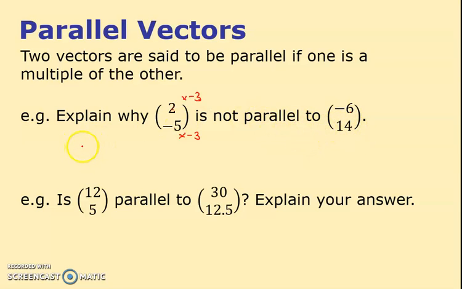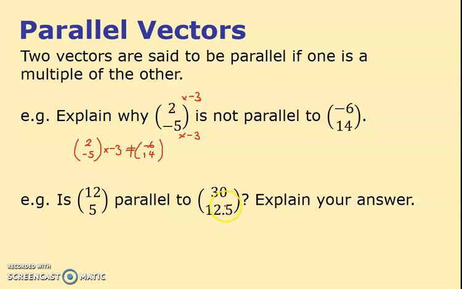Another way of saying it is that 2, minus 5 as a vector times by minus 3 is not equal to minus 6, 14. And it's not going to be any number that I could use likewise to get that vector, so therefore not parallel.